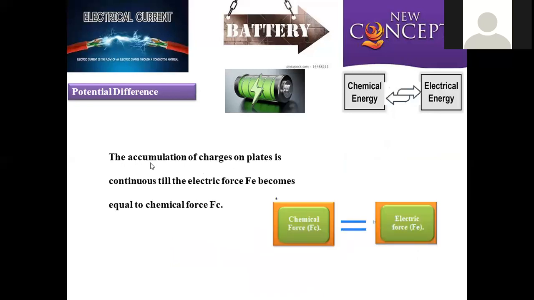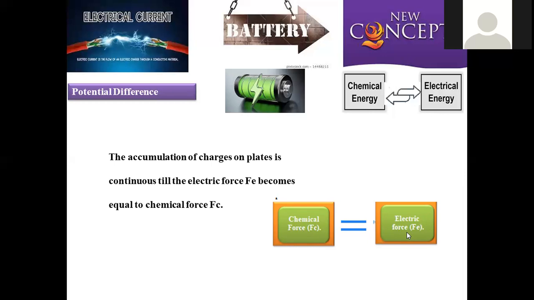Now, after the complete accumulation of ions on the surface of the metal, what happens? At a particular instance, both the forces get equalized. This is called the equilibrium state, where chemical force is exactly equal to electrical force. At that instance, movement of ions is not possible, and movement of electricity is also not possible.